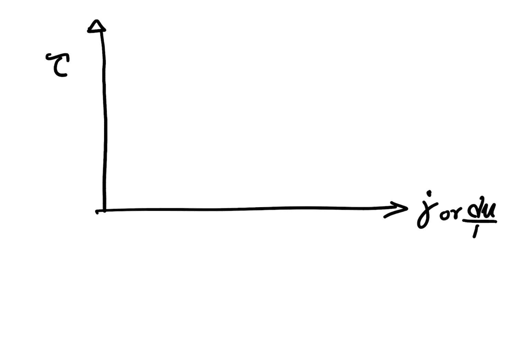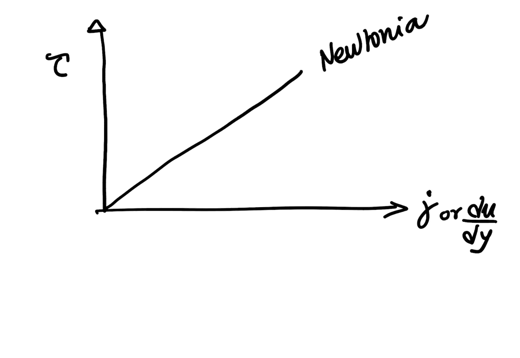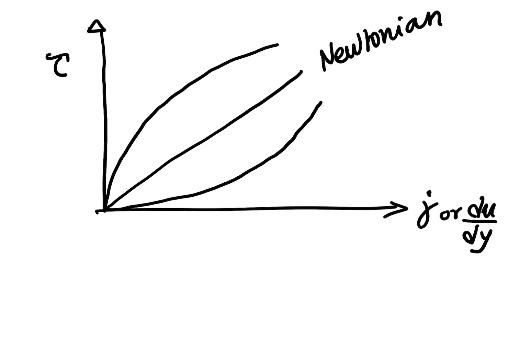You have tau, gamma dot, or du by dy, or the strain rate. If you have just a simple straight line, it's a Newtonian fluid. Okay, you could have fluids that have their profiles that look like this or like this. Okay, these are non-Newtonian fluids. First of all, they are not Newtonian. Their slope is not a simple straight line.